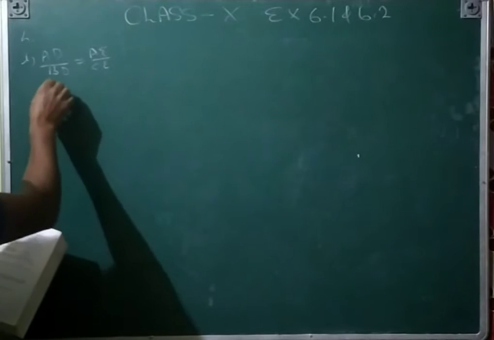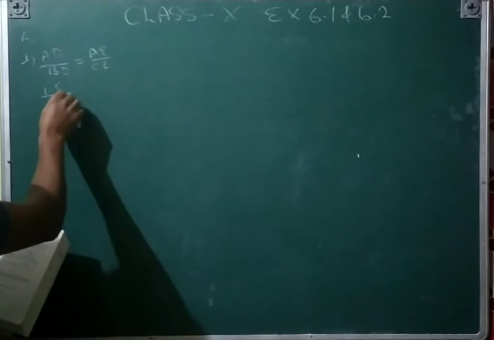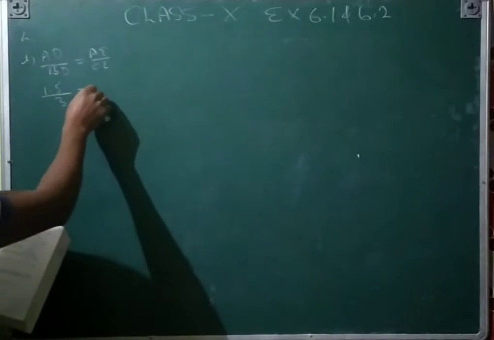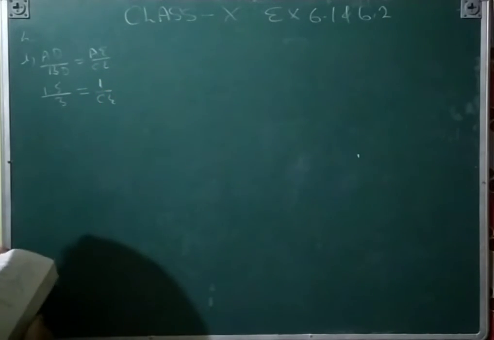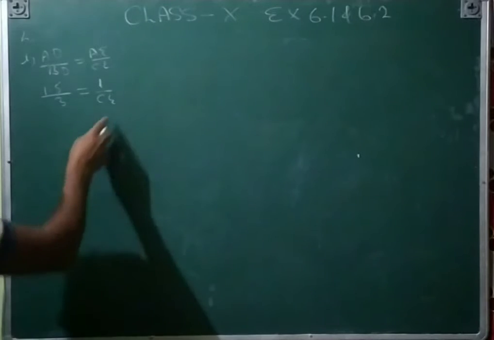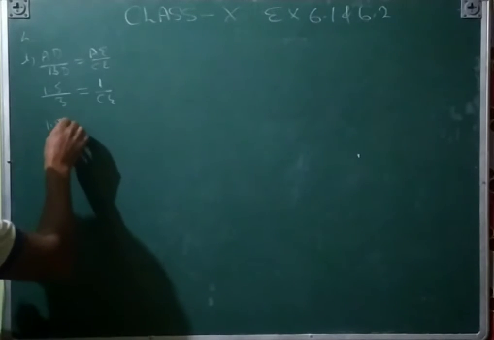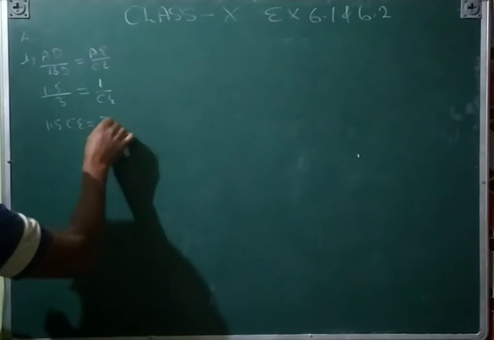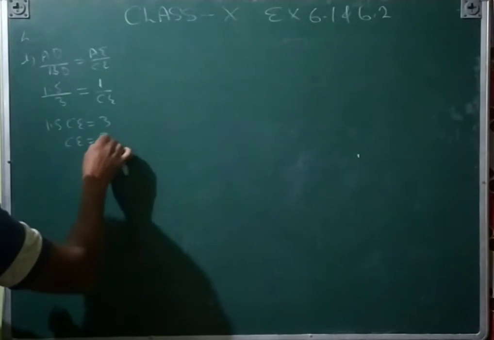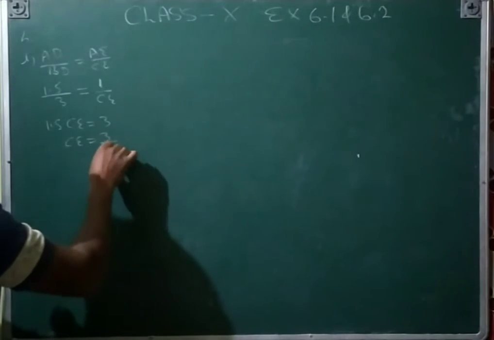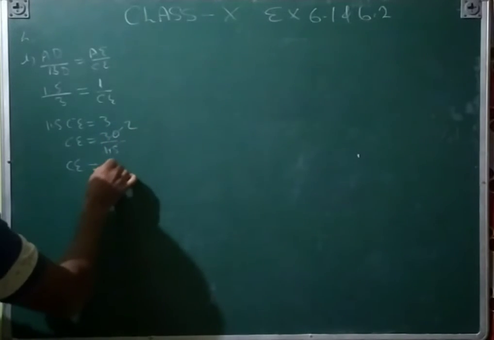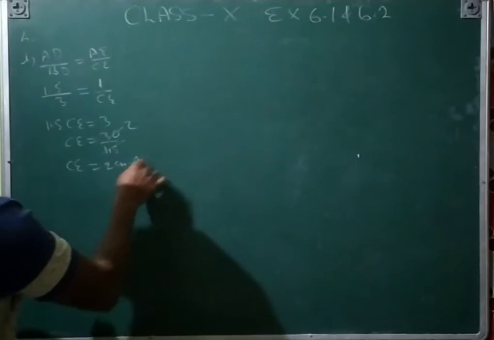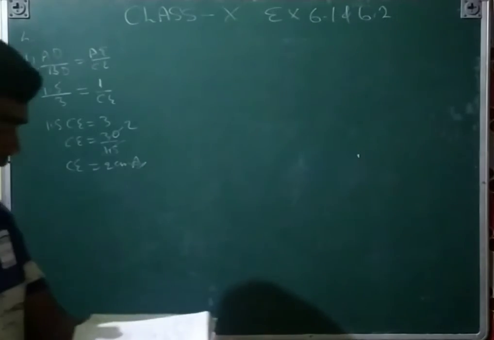So AD is 1.5, BD is 3, AE is 1, and CE we need to find. By cross multiplying, 1.5 CE is equal to 3. So CE is equal to 3 upon 1.5. By decimal, that is 2. So CE is equal to 2 centimeters. Answer.